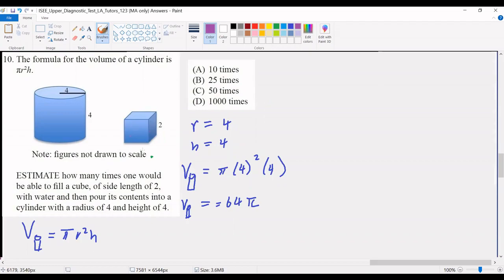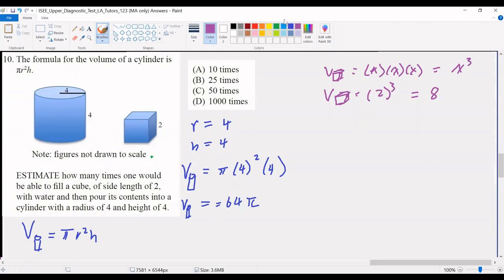Now we want to see what the volume of our cube is. So they're telling us one side of the cube is 2. So remind ourselves the equation for a cube is really x times x times x, or just x cubed. So our volume here of the cube is equal to 2 cubed, which gives us 8.